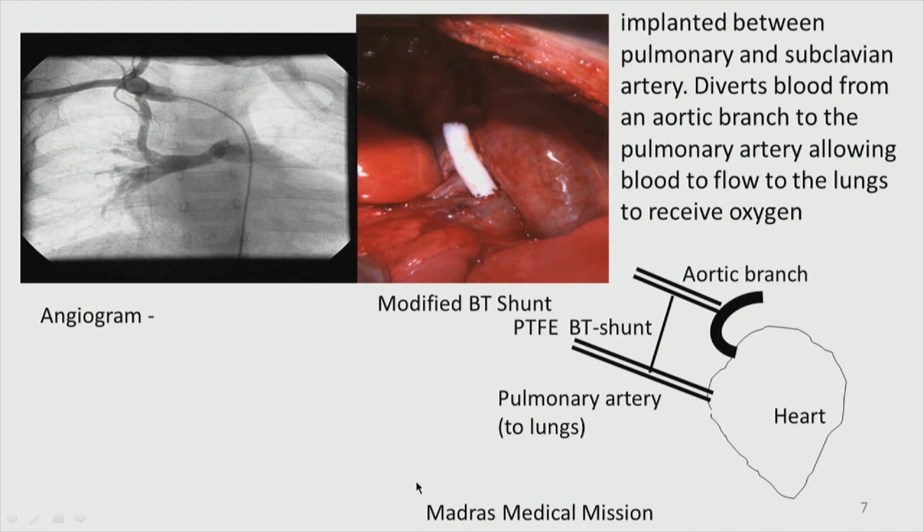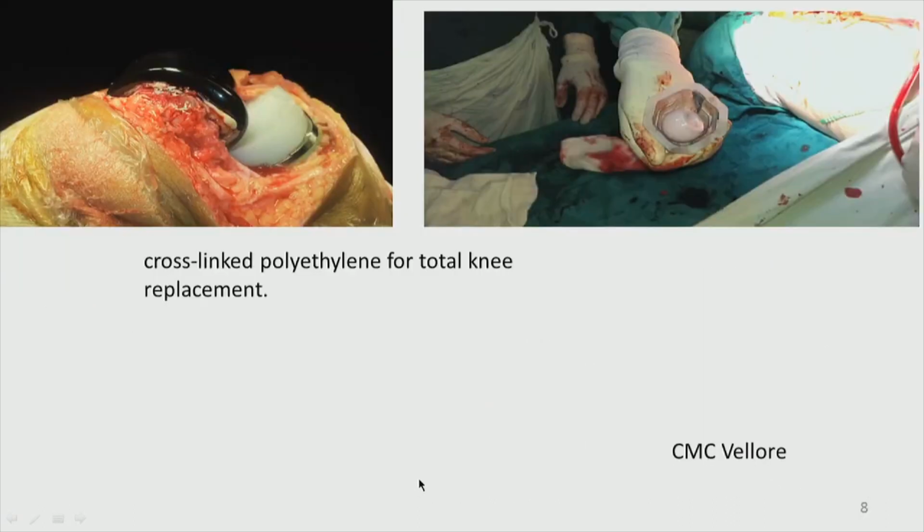Okay. So, as you can see, I am showing you a lot of pictures of polymers finding applications in different areas of biomaterial research. Okay. This is a cross-linked polyethylene. It is used for total knee replacement surgery.